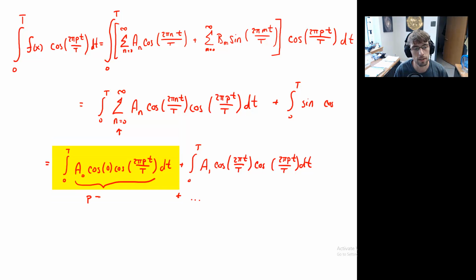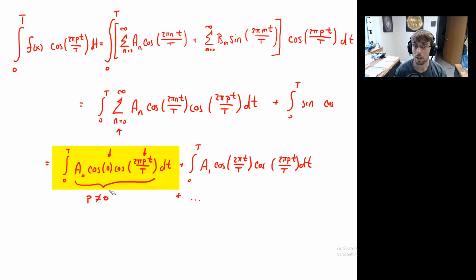If p does not equal 0, what's the value of this first term? 0, right? We've actually already shown that. We showed previously that if p does not equal n, then this integral is 0.